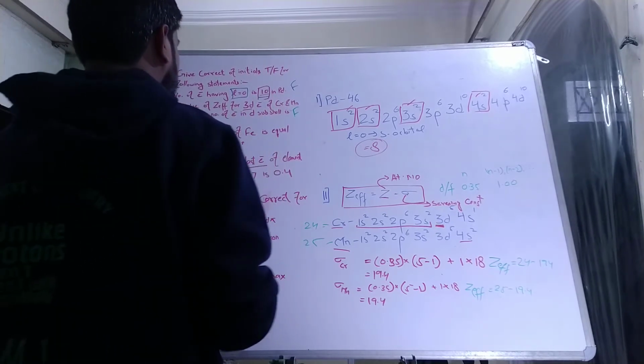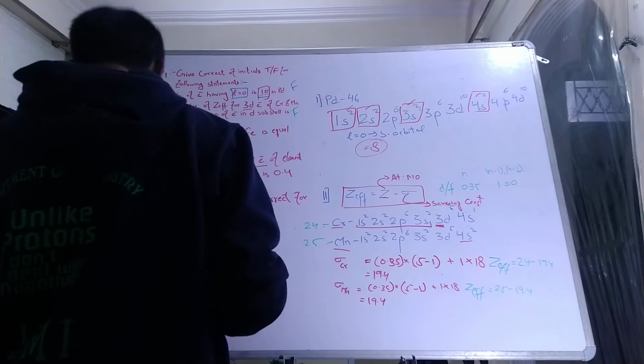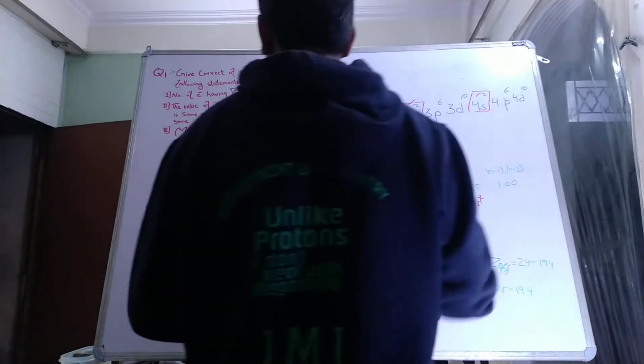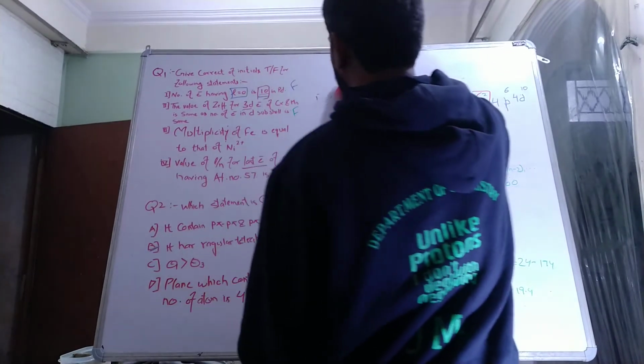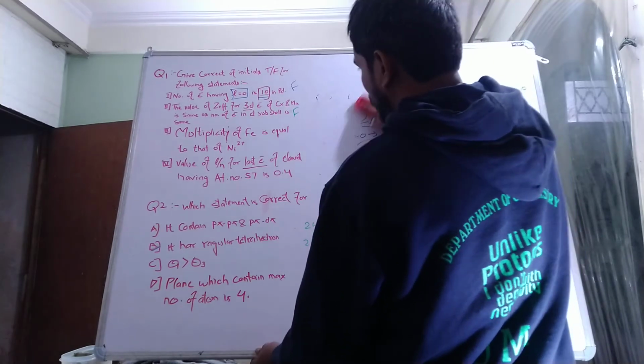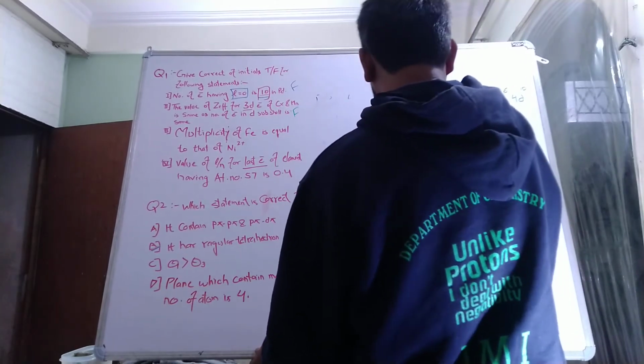Let us move to the third. The third statement is: multiplicity of iron is equal to that of Ni2+.